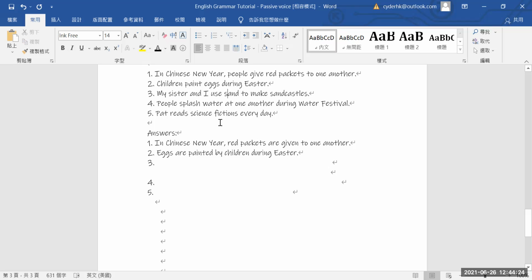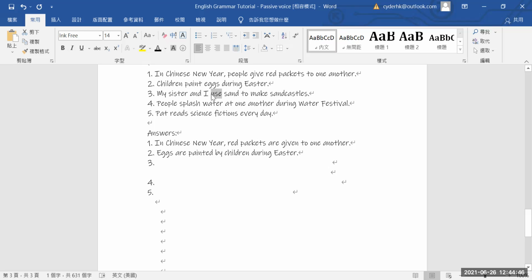Remember this, okay? Check if the object is countable or not. If it's uncountable, we use is, or was if it's past tense, but we're talking about present tense. So sand is something, something, something, and we change the action into past participle. Use, used, used.